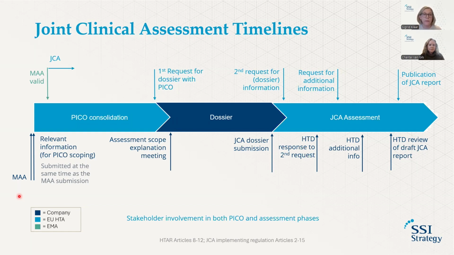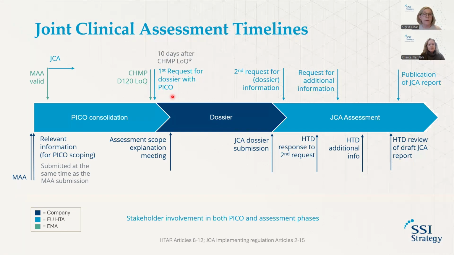And then the HTA assessors will discuss with the other member states what comparators, populations and endpoints they need for their national HTA assessment. Then they will agree on a suitable PICO scope that can consist of several different PICOs, and they will request this from the company.